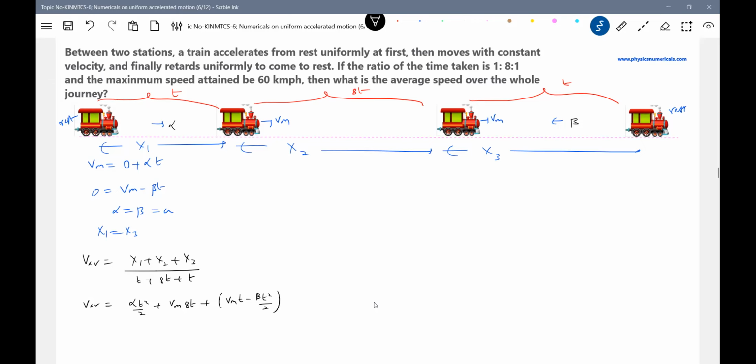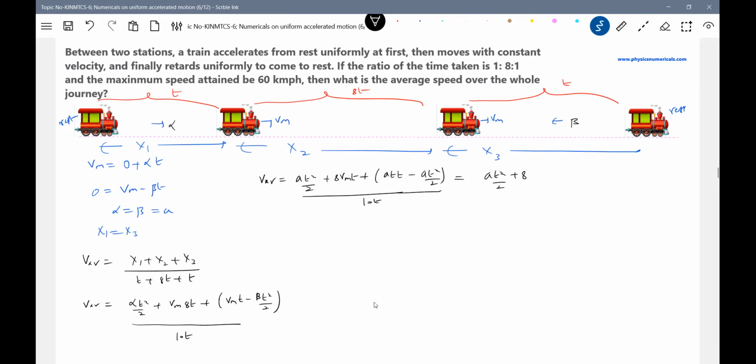And alpha equal to beta. So further, V average, with alpha equal to beta equal to A, I'm writing. So this will be a t square by 2, plus Vm into 8t, where Vm is 8 a t, plus a t square by 2. Alpha equal to beta is what we wrote.